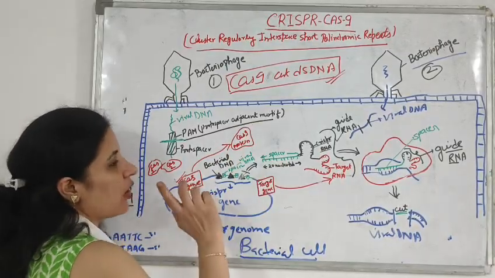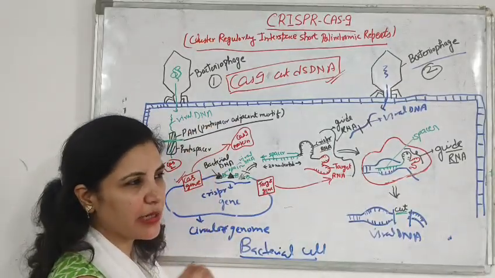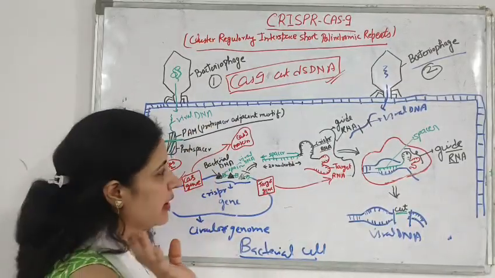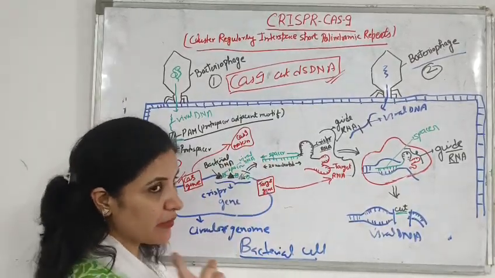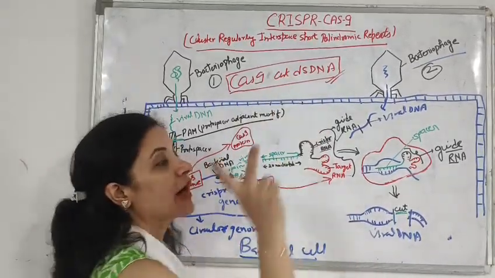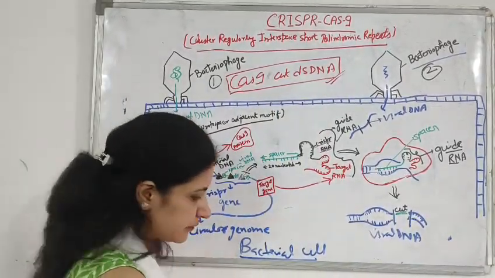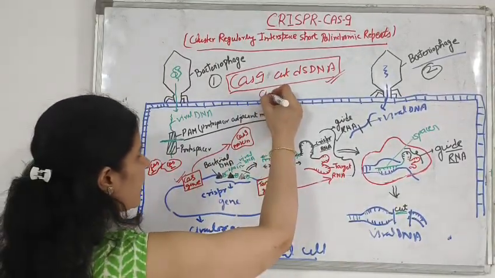Not only Cas9, although the Cas gene will form a number of Cas proteins like 1, 2, 3, 9, 30, and so on, but we have taken into consideration the Cas9 protein. Why? Because this Cas9 protein has the property to cut double-stranded DNA.